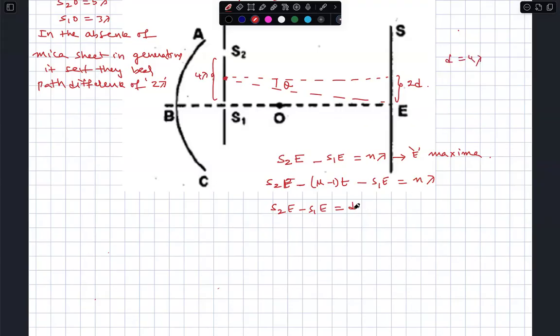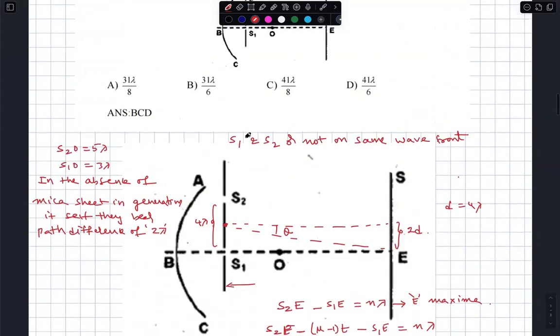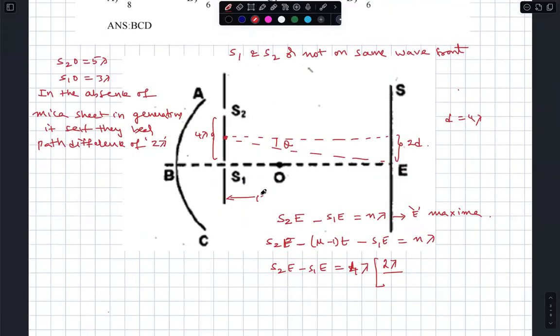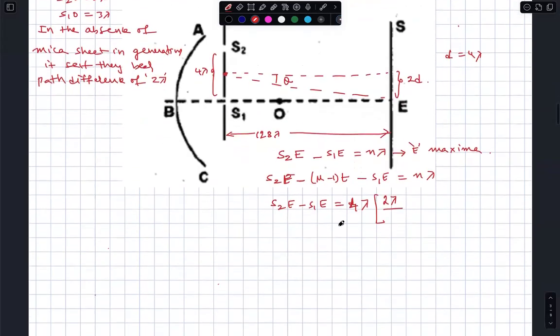D sin theta. So 4 lambda times 2 lambda by, what is this distance? That distance is 128 lambda. Right, 128.